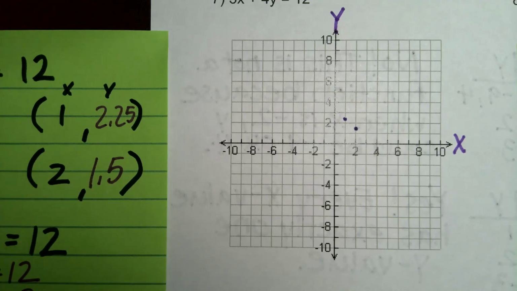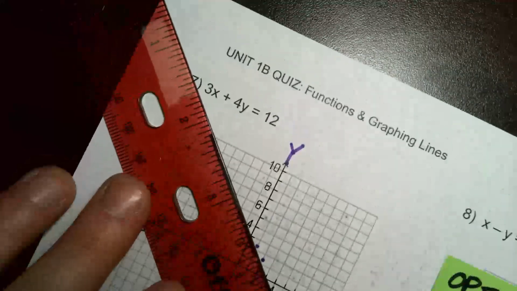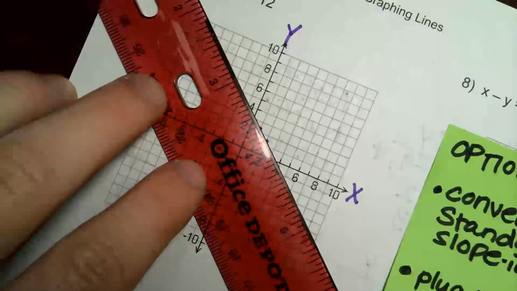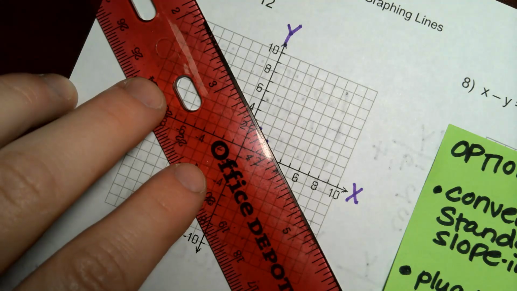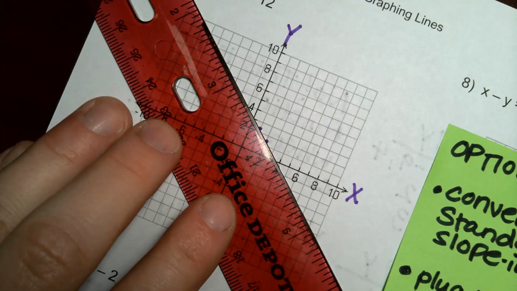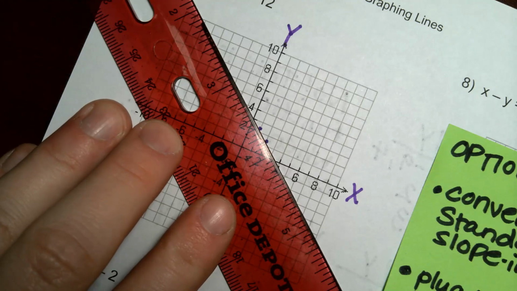So the other way to solve that is rearranging the equation. I'll show that way next. But first, we're going to connect our coordinates to make a line. When we rearrange it, we're going to come out with whole numbers. We'll come out with a prettier answer if we rearrange it.